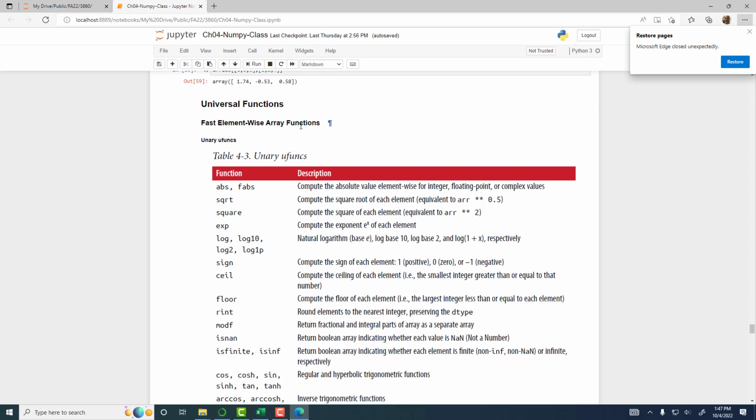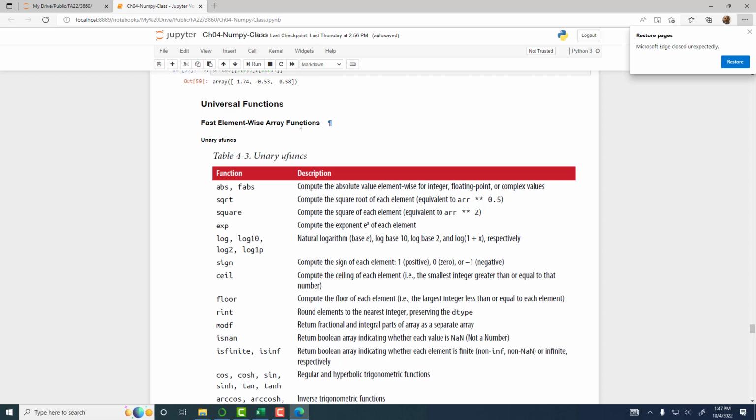Then sign will be, you'll have positive 1 for all the positive numbers and negative 1 for all the negative numbers. So that's what sign will give you. So compute sign of each element, 1 for positive, 0 for 0, or minus 1 for negative values. Now ceiling would be round up to the next integer.